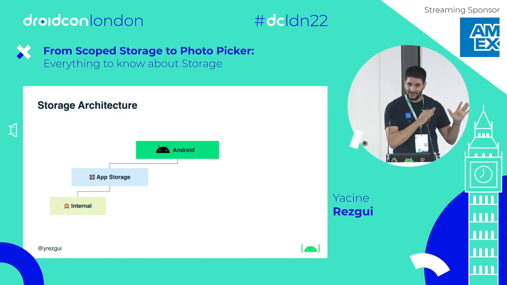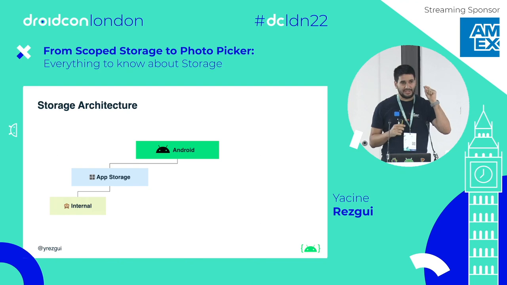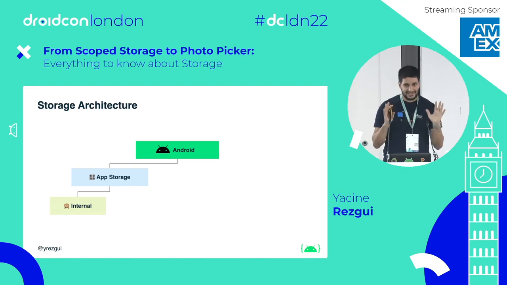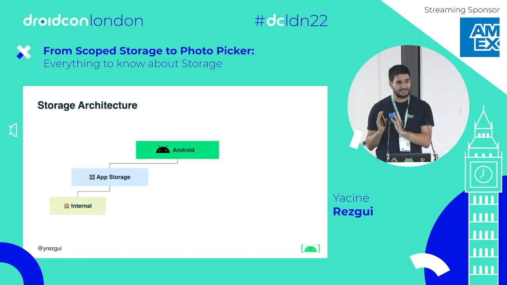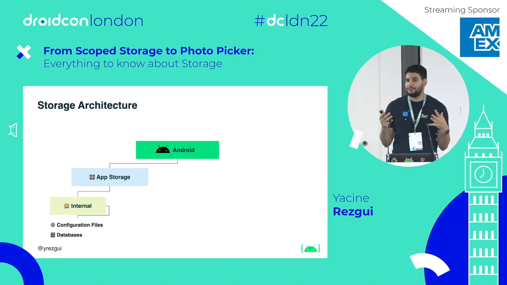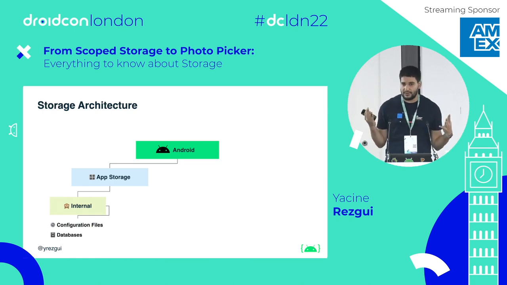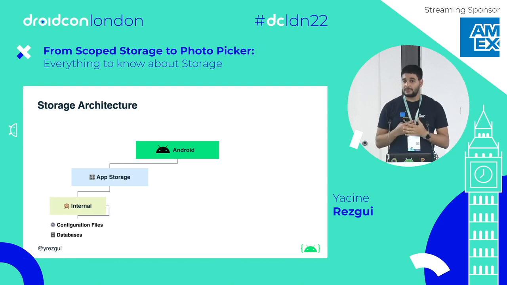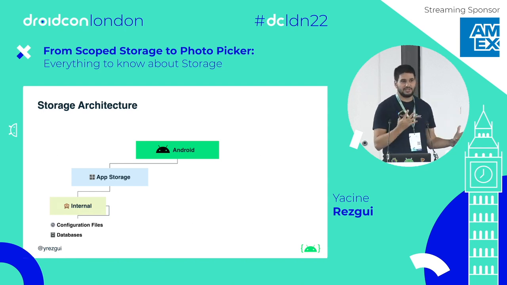Not always, fortunately, but the internal storage is probably the safest, most private, and most performant area for you to save files. And that's where you will put any databases, for example, with Jetpack Room or similar libraries, or any configuration file like your DataStore.